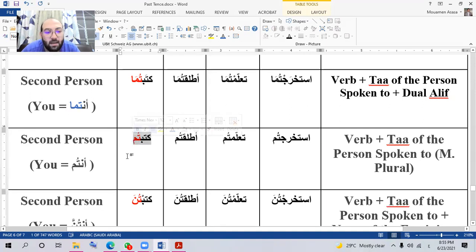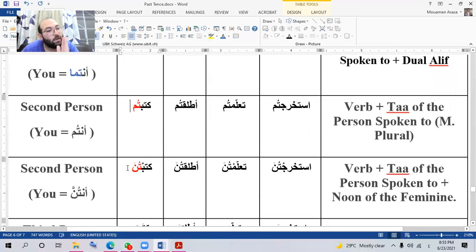The meem gives us the quantity. كتبتم. Okay, for you female, only female, كتبتن. You remember noon niswa, noon with shadda? كتبتن. Ta for you, noon for female.